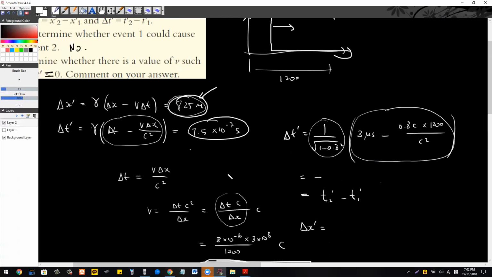This one here is gamma with 1,200 minus 0.8c times delta t, which is 3 times 10 to the power of minus 6 here. So let's have a look. I believe that it'll be negative as well. 1,200 minus 0.8 times 3 times 10 to the power of 8 times 3 times 10 to the power of negative 6.